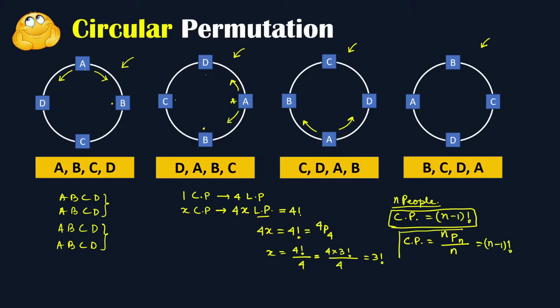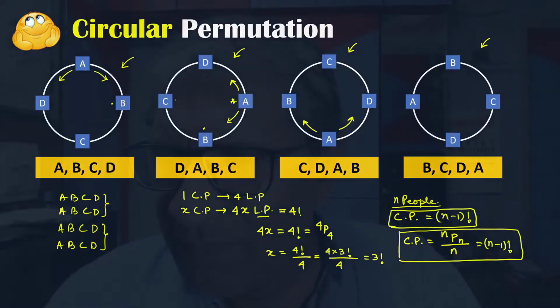Tell me yes or no. Have you understood the logic? Is this logic clear to you? So whenever I say that n persons are sitting around a circular table, the total number of circular permutations will be (n minus 1) factorial, which can also be written as nPn divided by n.